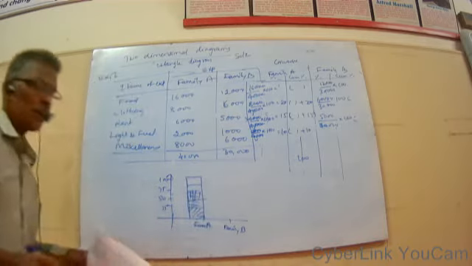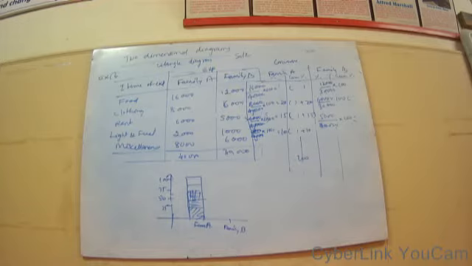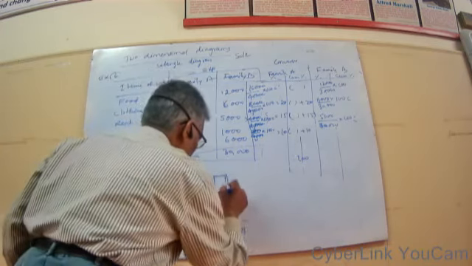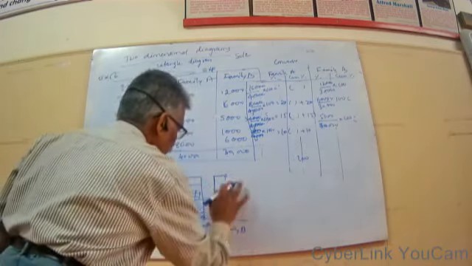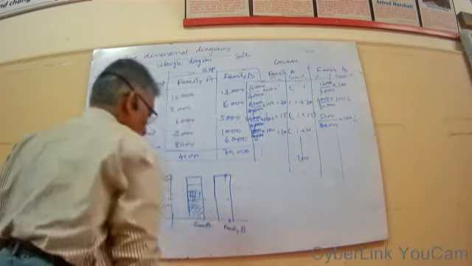These are the two diagrams, equal bars of equal size. The breadth should be the same, and the spacing also should be the same.